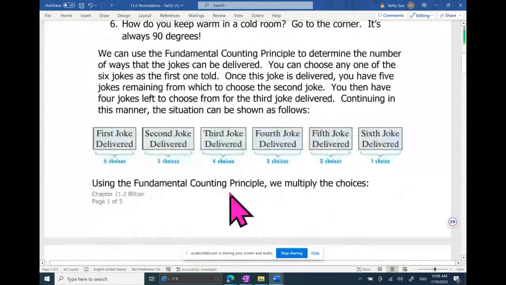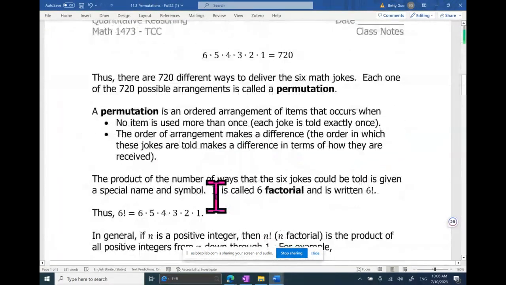So let's see the formal definition for permutation. A permutation is an ordered arrangement of items that occurs when, number 1, no item is used more than once. Number 2, the order of arrangement makes a difference, right? It's similar to what I just said. So understand permutation as an ordered arrangement of items.